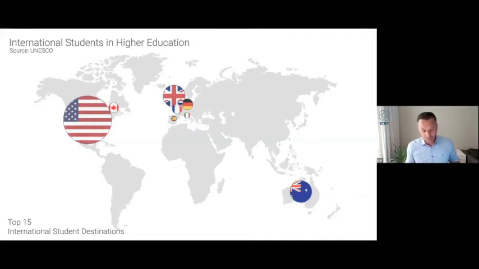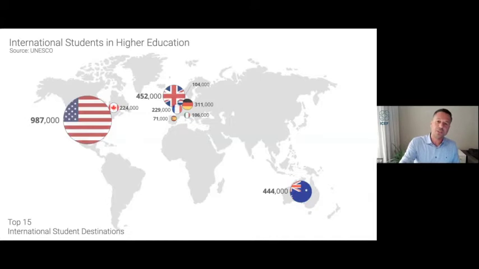By far, the largest study destination country remains the USA, with 987,000 international higher education students, and the UK and Australia come in second and third position, each welcoming nearly 500,000 international students in 2018. Canada attracts nearly 250,000 international students in higher education, and Germany, France, Spain, Italy, and the Netherlands are top destinations in continental Europe.